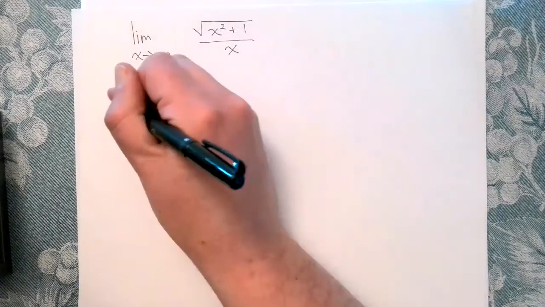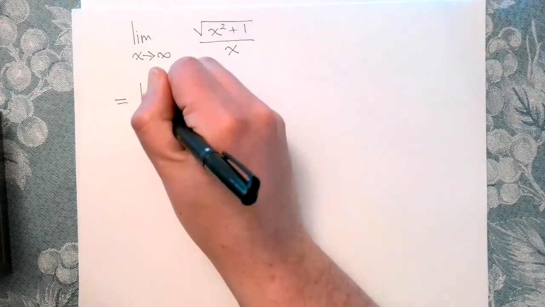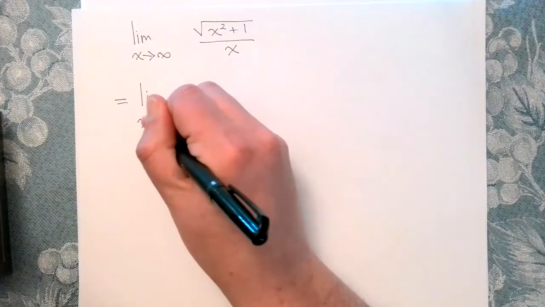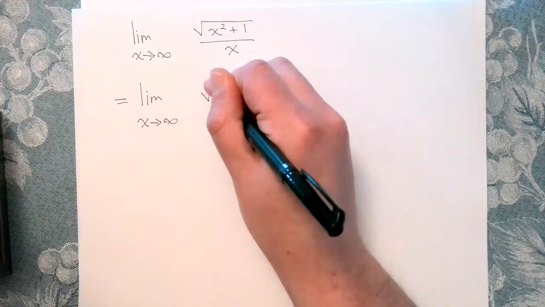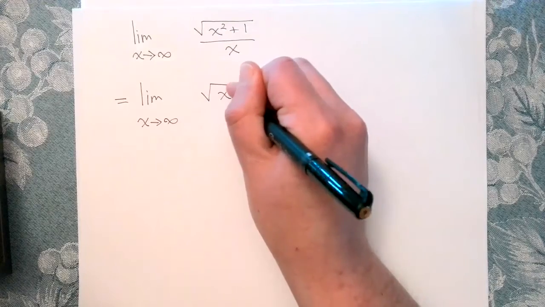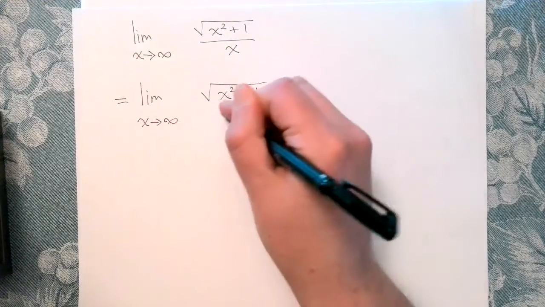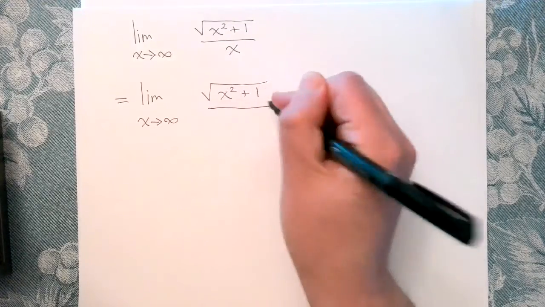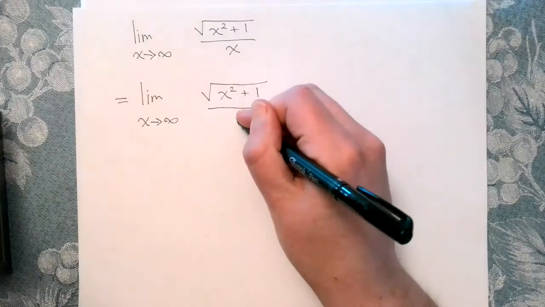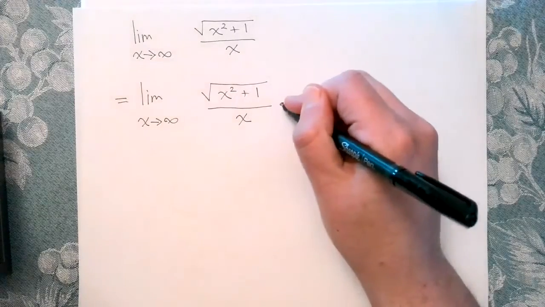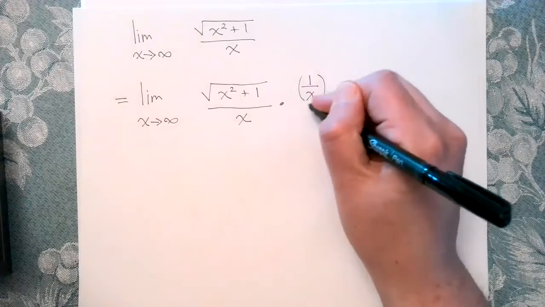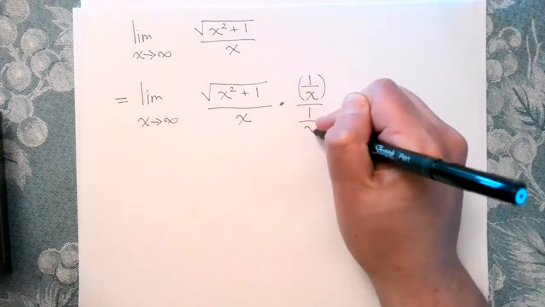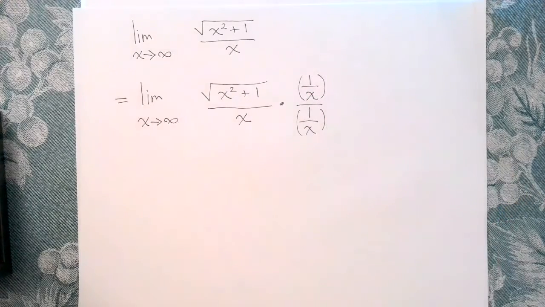That means I want to take this and multiply it by 1 over x to the first over itself. The reason we do that is we're hoping to get rid of the infinity over infinity and be one step closer to being able to use limit laws. So I multiply by 1 over x over itself, so 1 over x to the highest power as x gets big over itself.